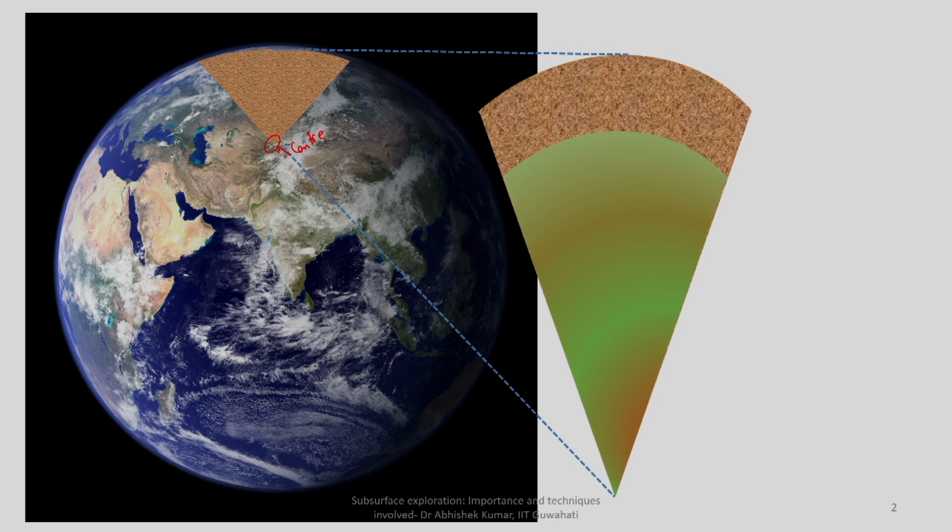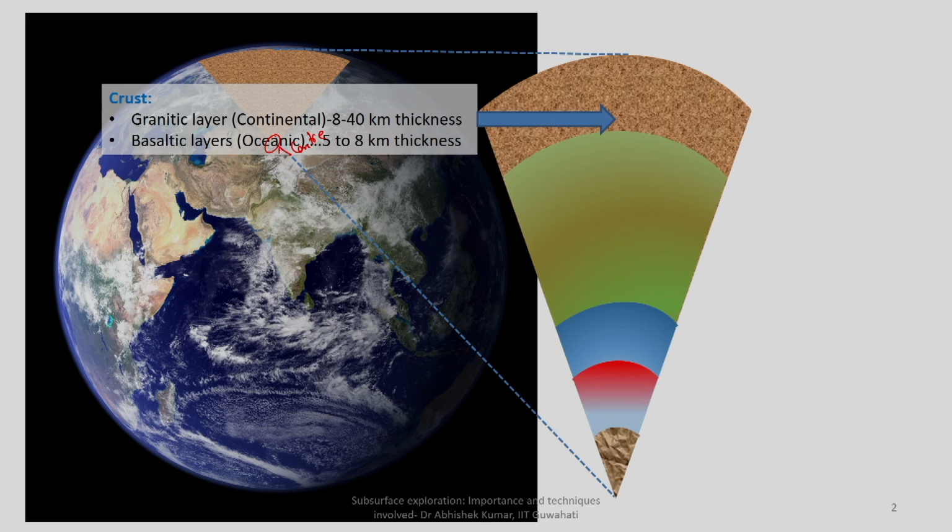So the different layers which are available beneath the earth's surface can be classified as follows. You have the crust, which includes most of the soil deposits, topographical features and geological features, whatever we are seeing on the earth's surface, particularly on land mass.